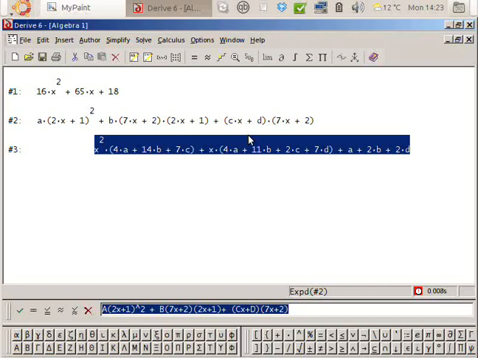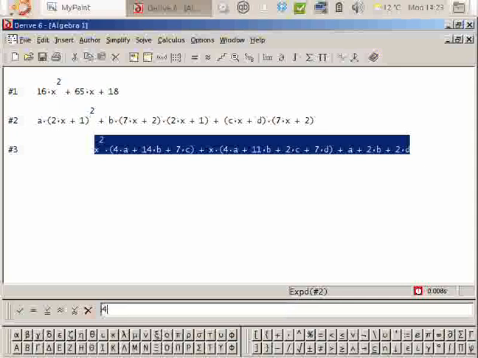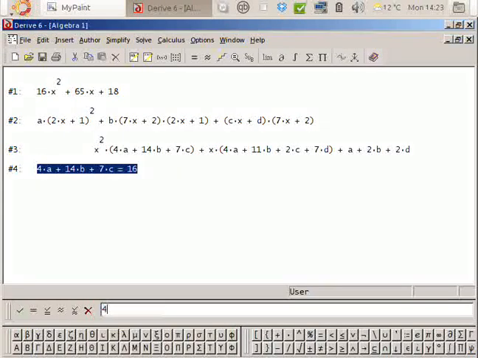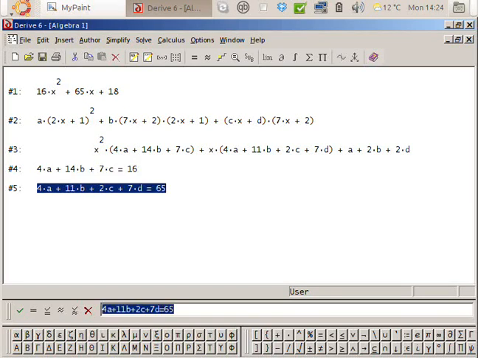So my first equation, 4a plus 14b plus 7c equals 16. Very good. And the next one, 4a plus 11b plus 2c plus 7d equals 65. And then my last one, a plus 2b plus 2d equals 18.